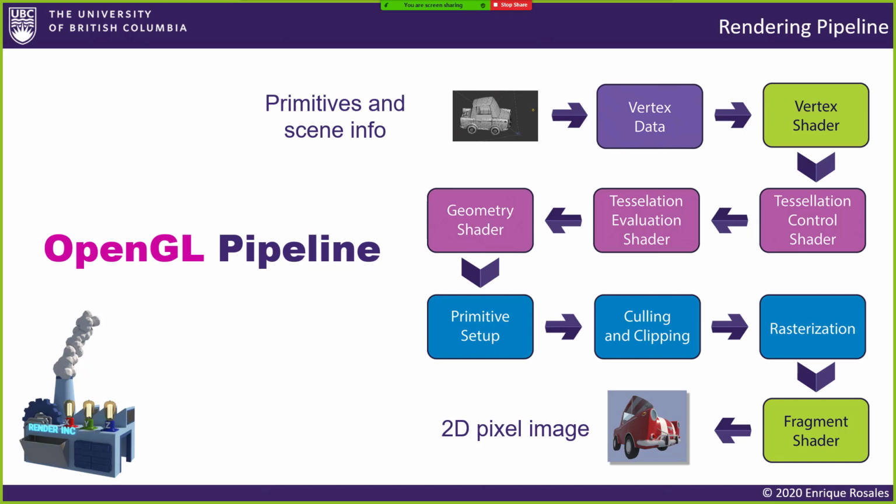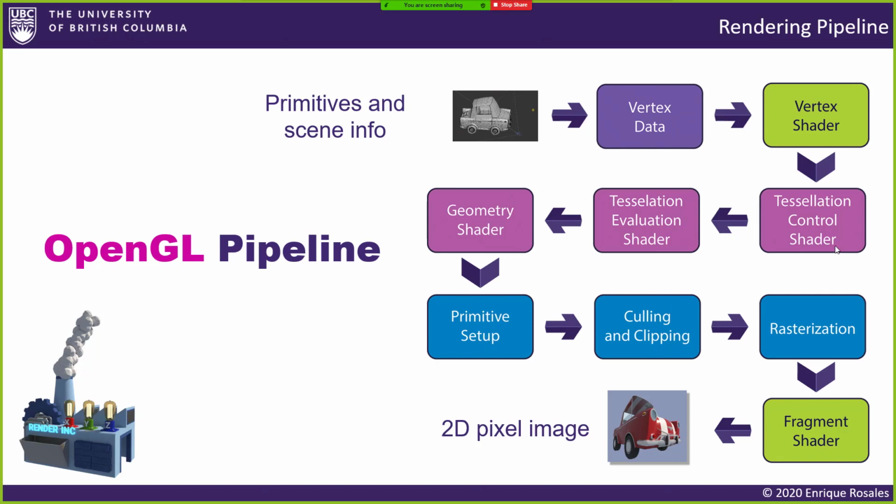So this is what is inside the factory, right? If you follow the arrows, this is where we feed all the information we have. So this is basically the pipeline, right? In every stage we perform different things to the data.